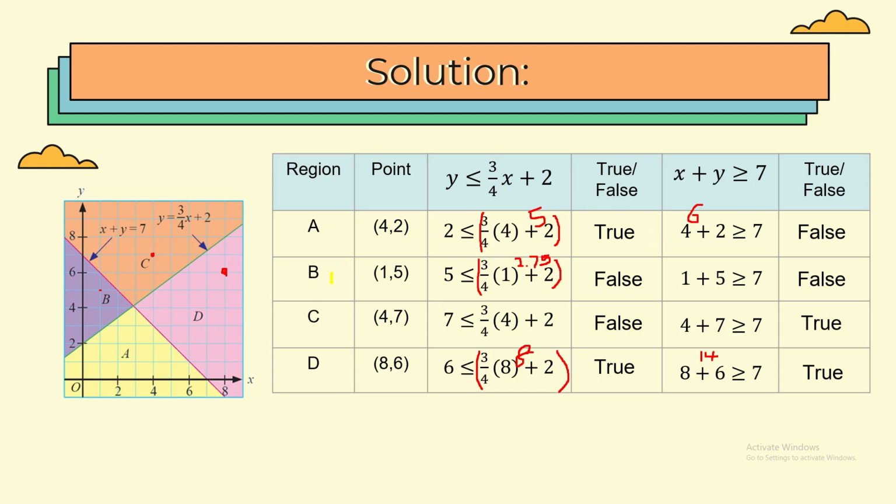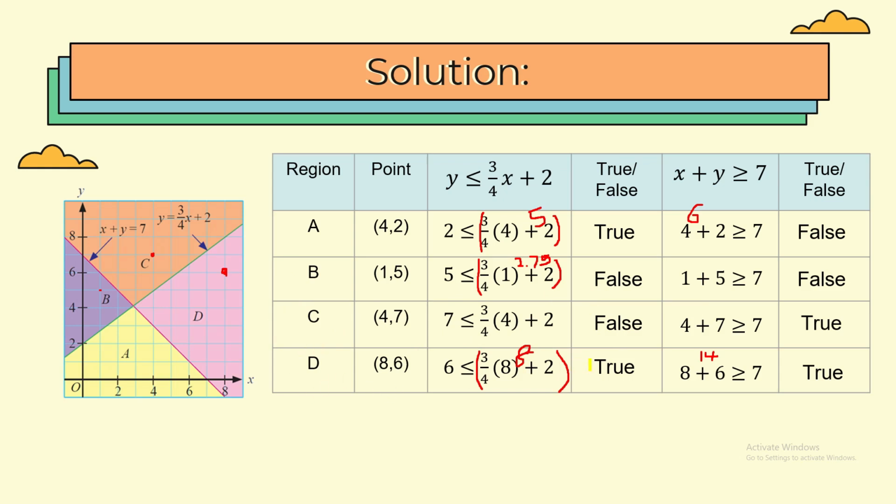Region B, the first one is false and the second one also false, so this is not chosen. And the third region is region C. The first is false and the second one is true, so this region also does not satisfy both of the linear inequalities. And then the last one, region D.